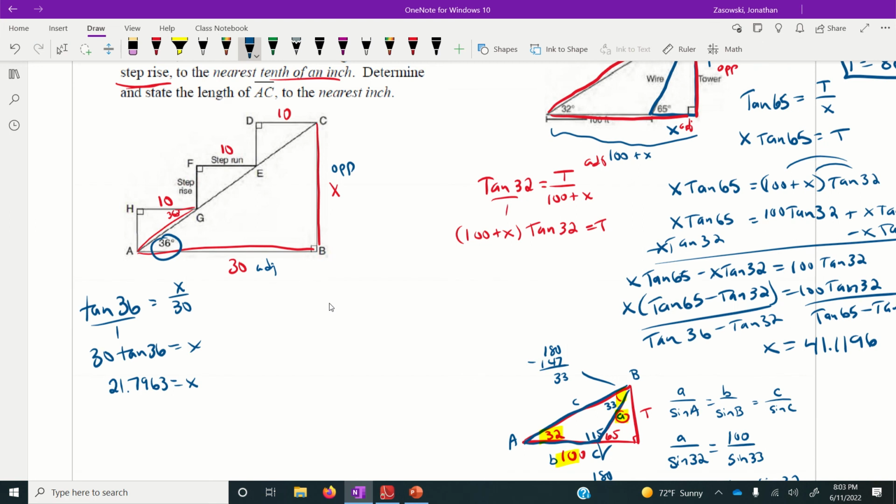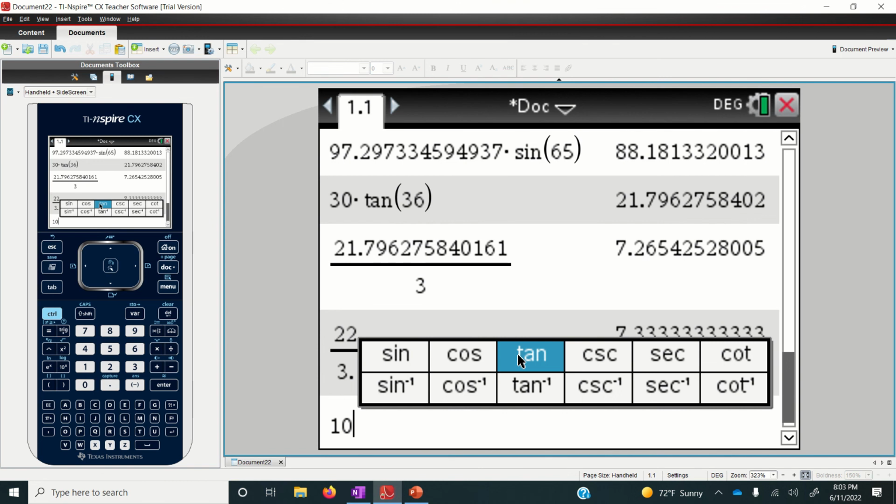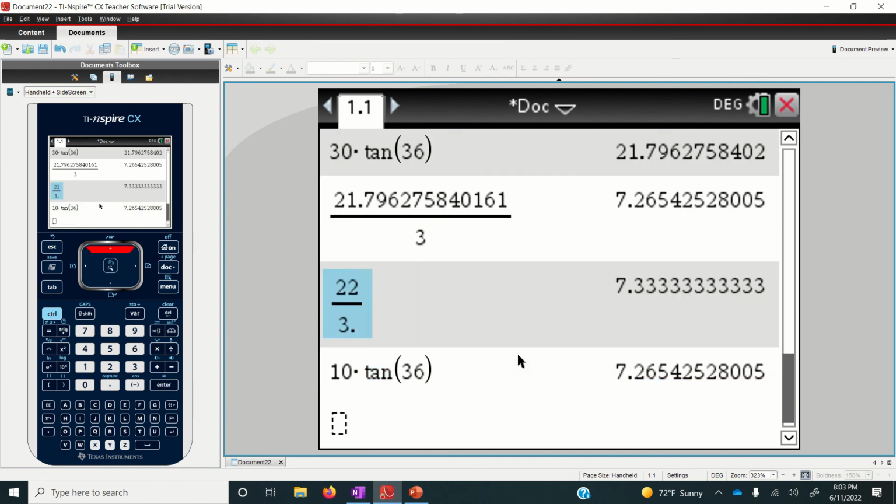All right. Now, if you treated the small triangle here, and we want to know opposite and adjacent, right? We could do the tangent of 36 is equal to, let's say, y over 10, and then cross multiply. So 10 times the tangent of 36 is equal to y. 10, trig, tangent, 36, and notice that we're going to get the same thing as up here, okay?